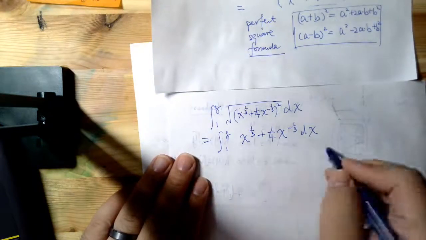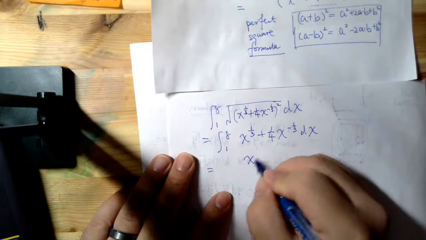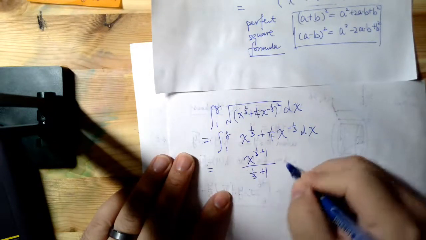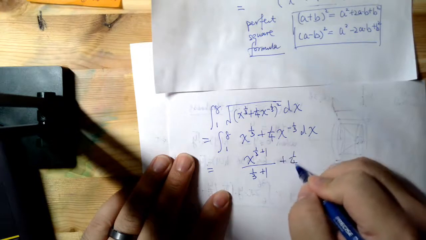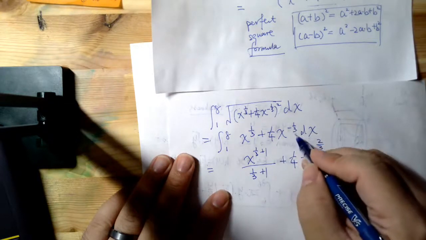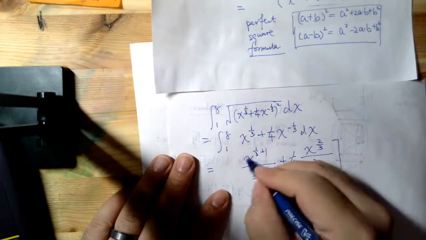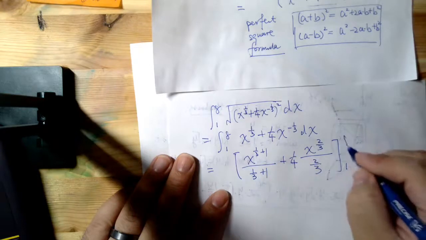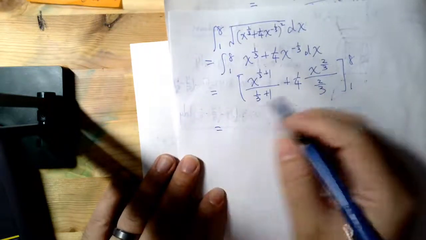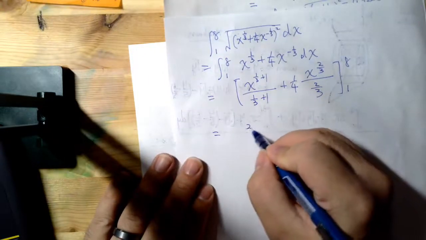And it turns out this integral is very easy to evaluate, which is x to the one-third plus 1, over 1 over x plus 1, and then 1 over 4 times x to the power of negative one-third plus 1, over 2/3, evaluated from 1 to 8.